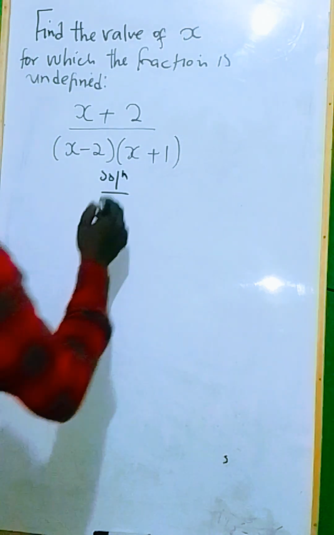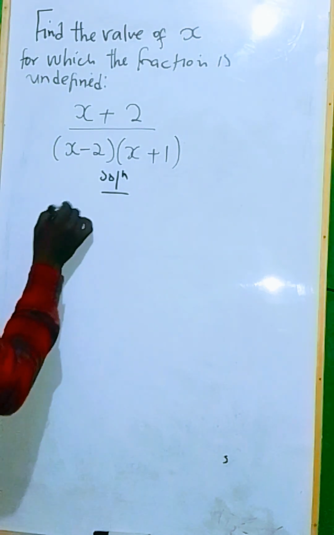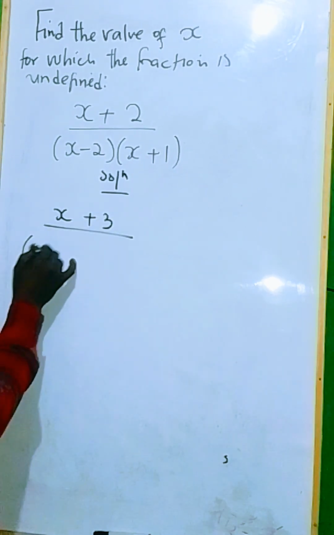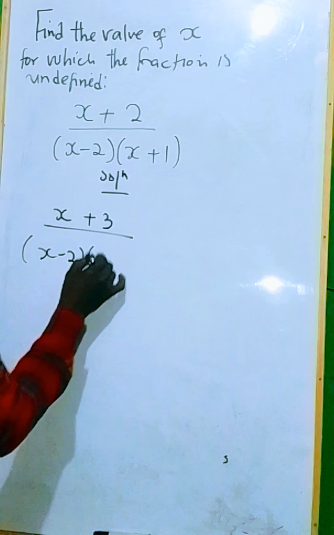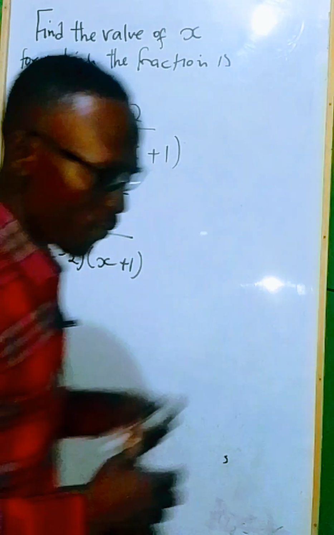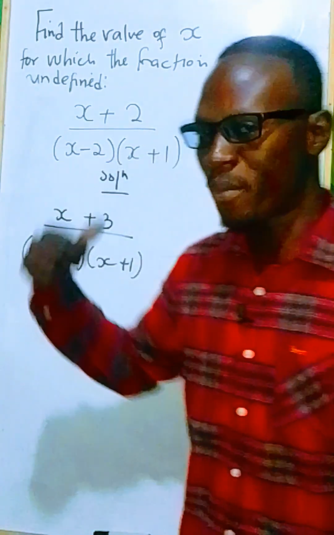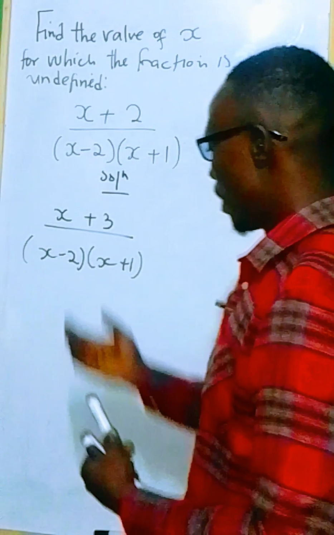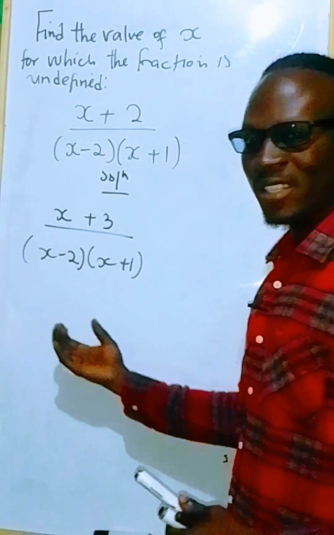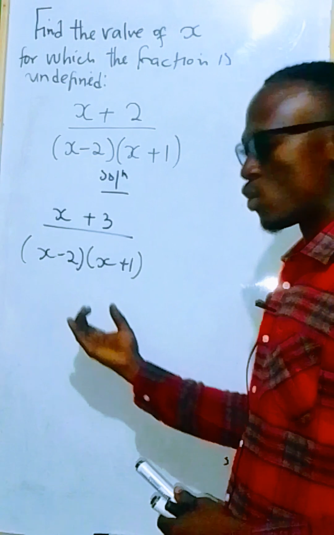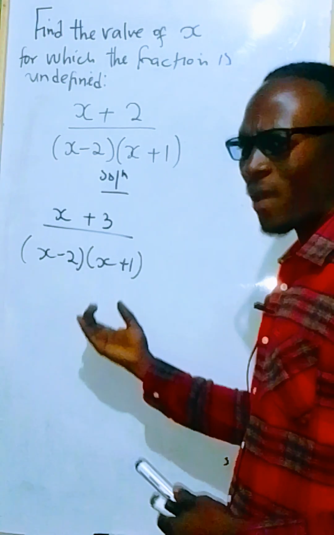All right, so we have the solution. We have x plus 2 as the numerator, and the denominator is x minus 2 times x plus 1. So for us to find the value of x that makes this fraction not defined, we make sure that we equate the denominator to 0. You can see we have two parts, part 1 and part 2. So we are going to equate part 1 to 0 and part 2 to 0 as well.